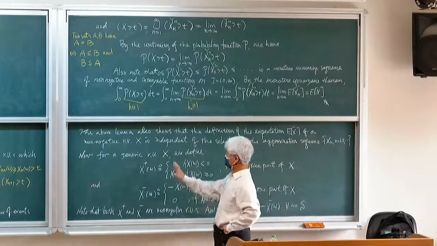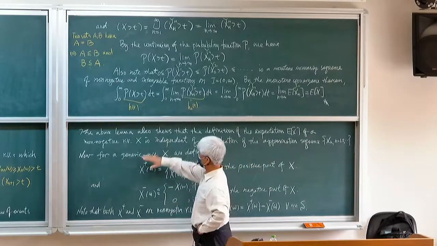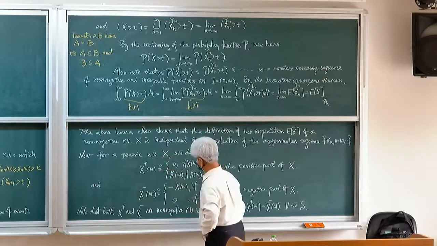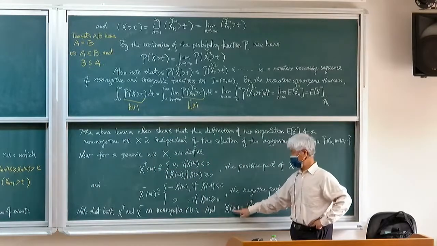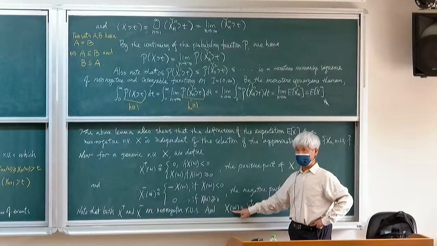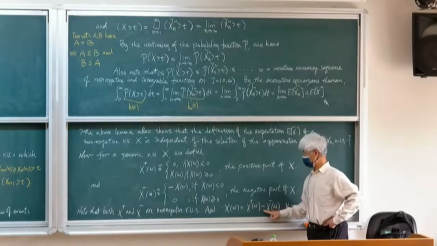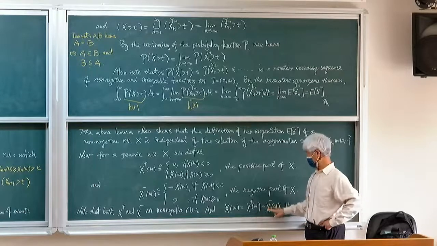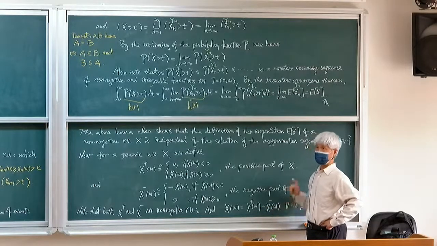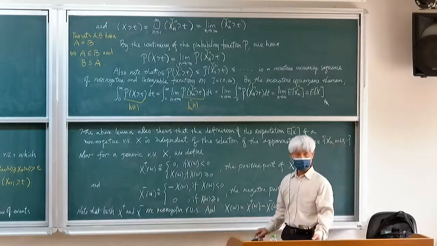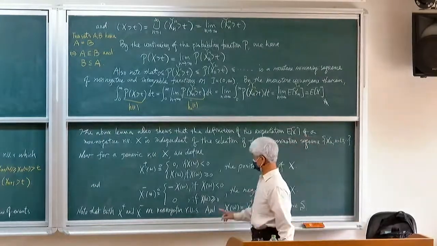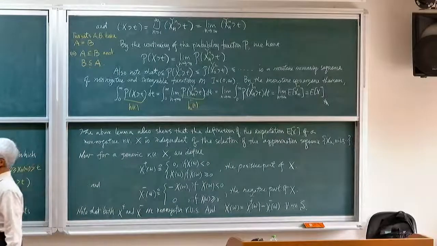So for a generic random variable X, we express this random variable by the difference of its positive part and negative part. We can do this kind of decomposition.